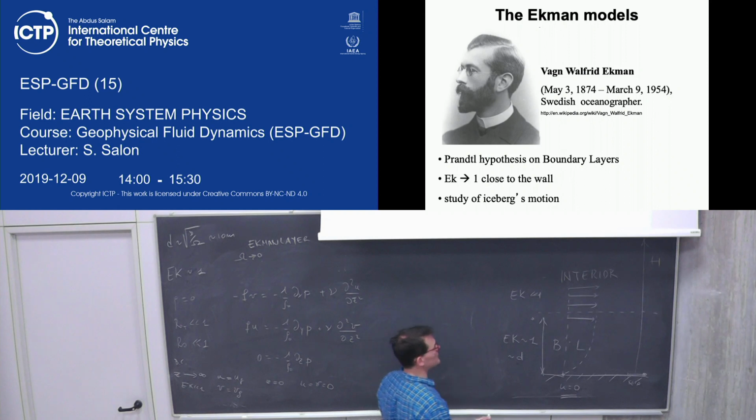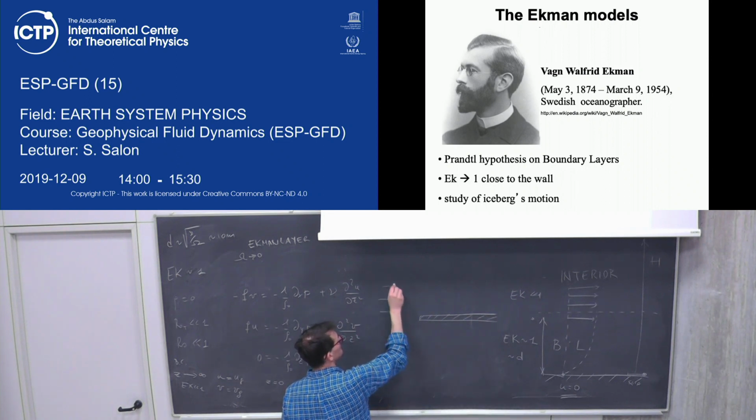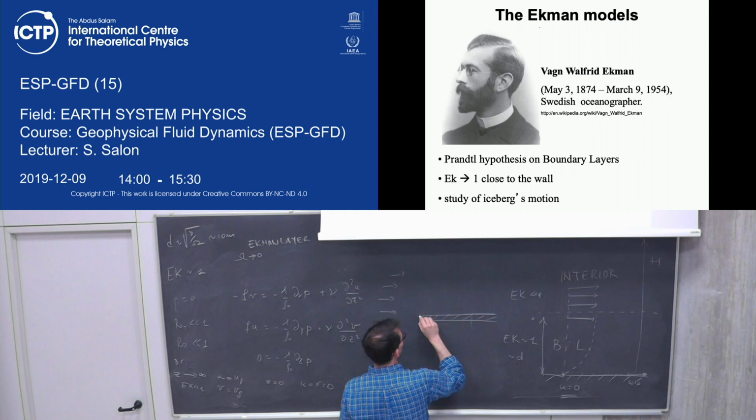In normal fluid dynamics, if you consider a plate, you have a flow here, and you have a boundary layer which develops like this.